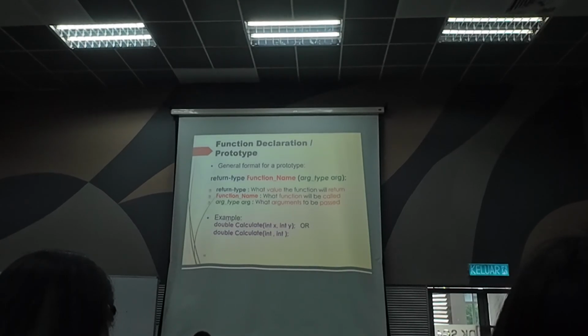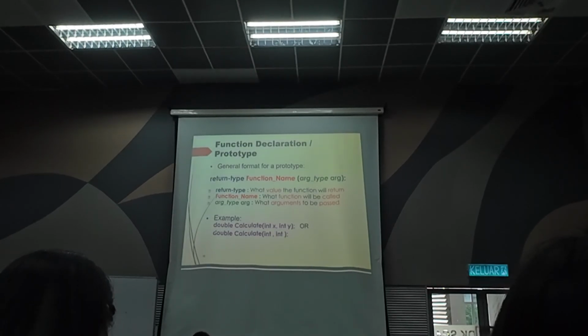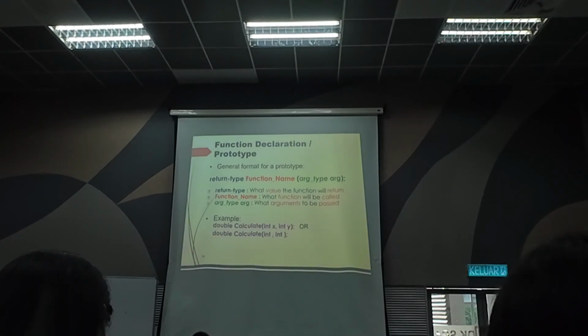So here is an example. Let's say my return type is a double. We're going to learn about return also, what the return statement is, and what the return type is. This is your function. As I already mentioned, when you create a function, you should use a meaningful function name so that other people who maintain the code understand what you are doing. And this is your argument type, which is your data type.